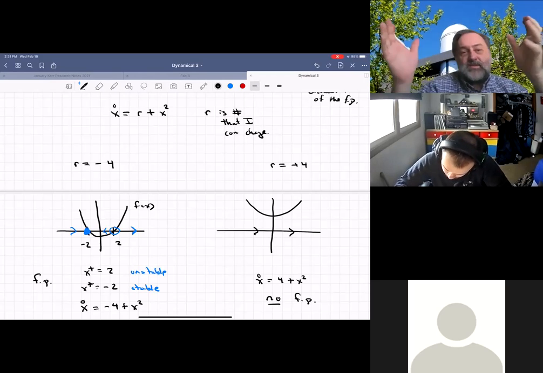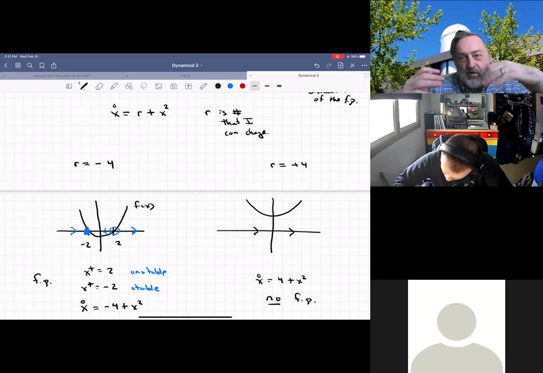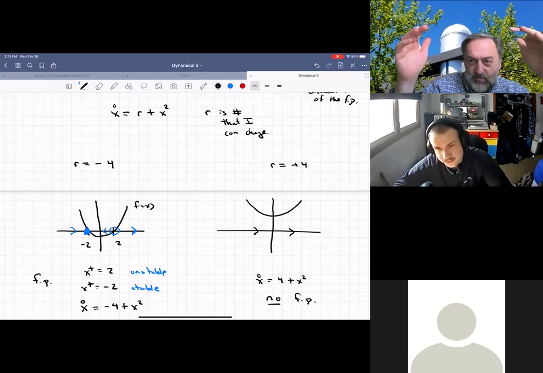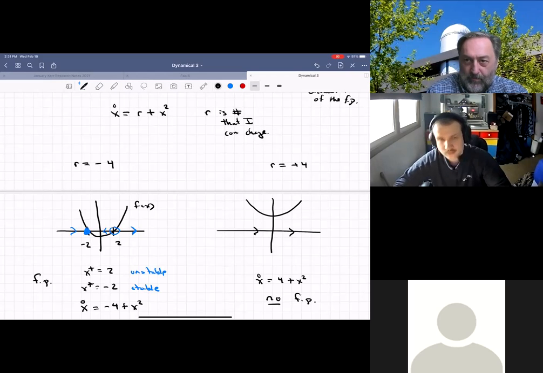So as I take the parameter r and change it from negative values to 0 and then to positive values, for any value of r that's negative, there's a pair of fixed points, one stable and one unstable. And for any value of r that's positive, there's no fixed points at all.